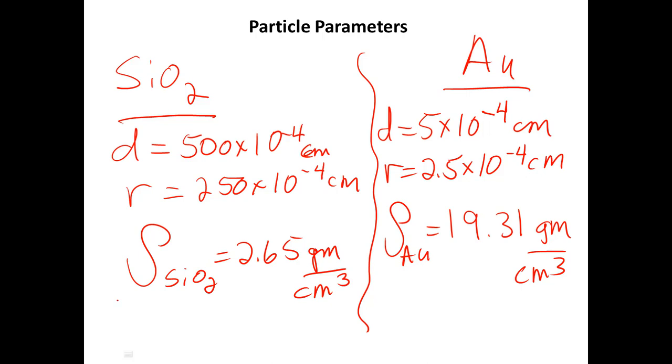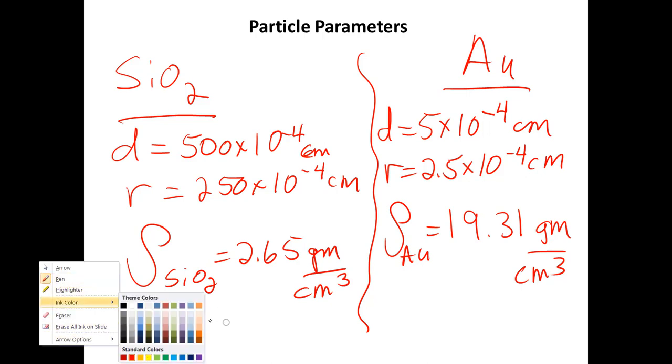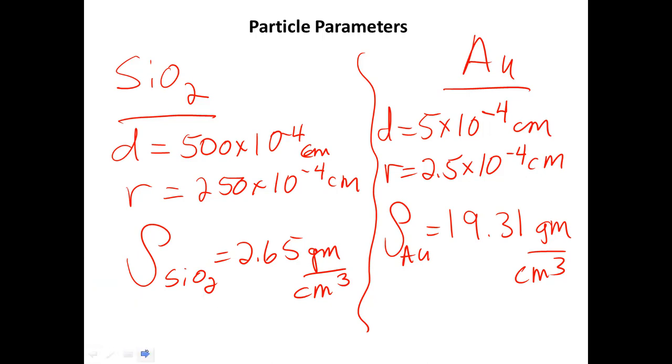So let's start then with quartz. We could start with either one of these particles, we could start with gold, but we'll just start with quartz. Always we're going to assume Stokesian settling conditions first.